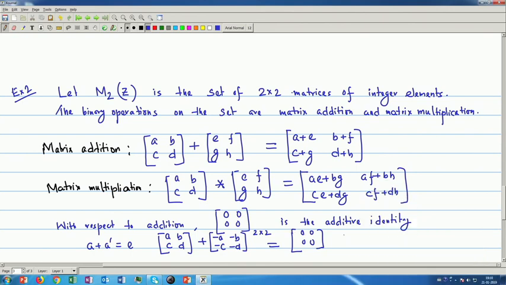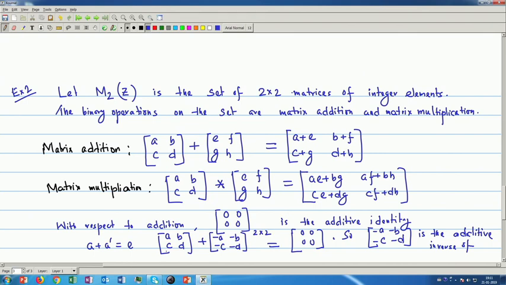So, [minus A, minus B; minus C, minus D] is the additive inverse of [A B; C D].